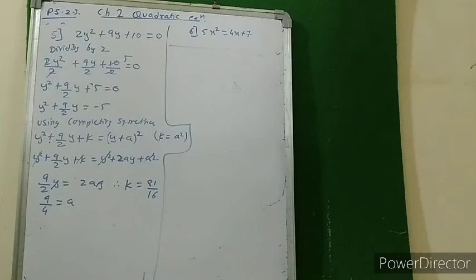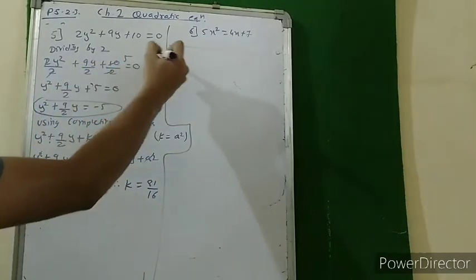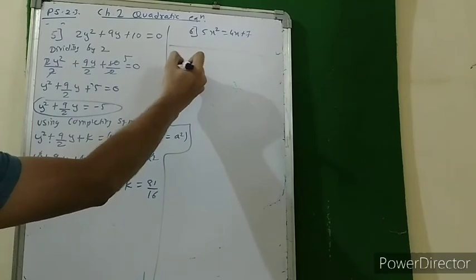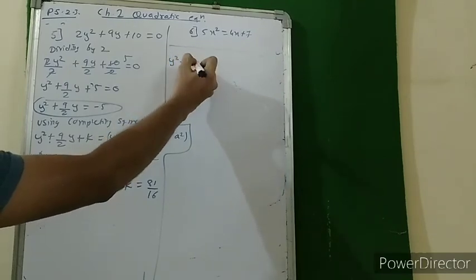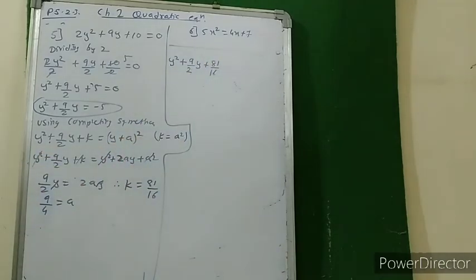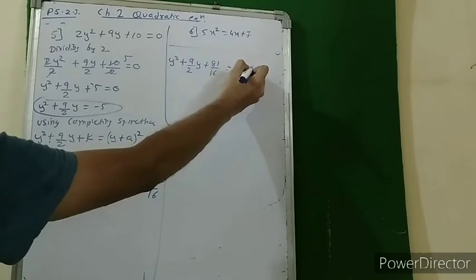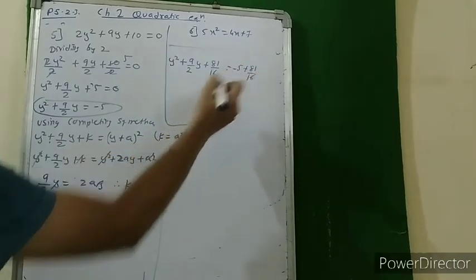So adding 81 upon 16 on both the sides. Okay, so y square plus 9 upon 2y plus 81 upon 16 is equal to minus 5 plus 81 upon 16.